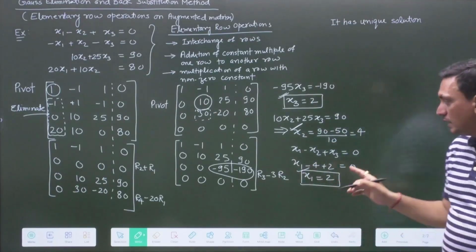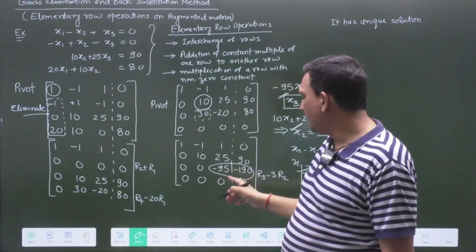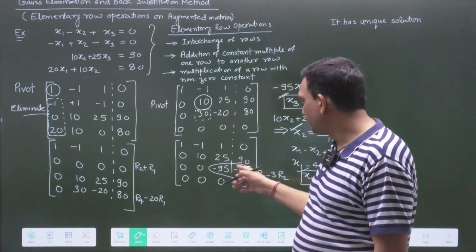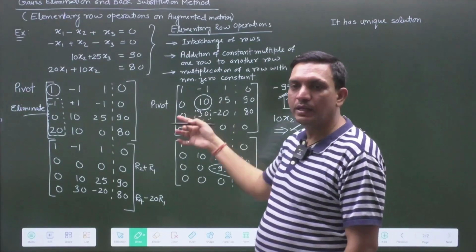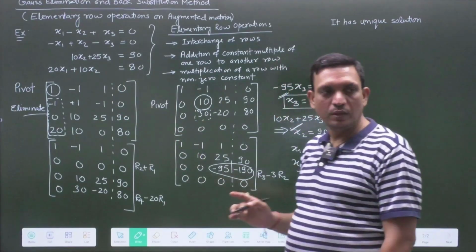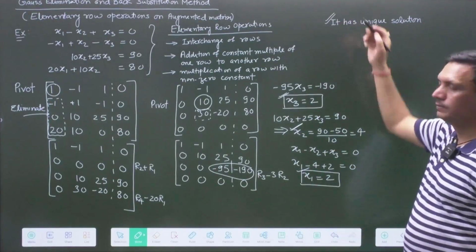So whenever this situation arises, that from one equation you will get one unknown, then by back substitution you will get the other unknowns, in that case you can say it has unique solution.